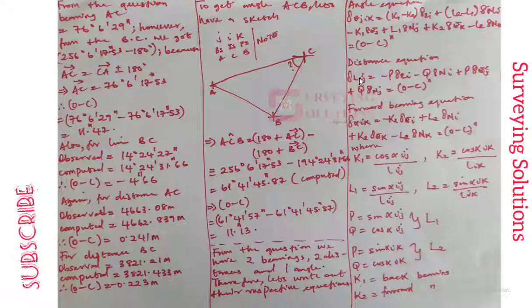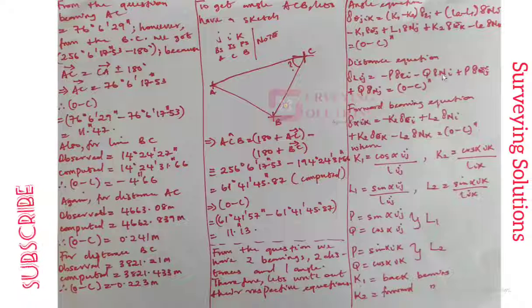Since our I is our instrument station and that is C, that is where our error is. So what's the coefficient of delta easting for the instrument station I? It is minus P. Same thing for the coefficient of delta northing for the instrument station, which is minus Q. That's why you see minus P and minus Q respectively under delta easting and delta northing. Are we together?